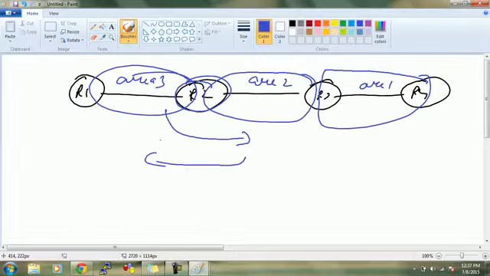Why? These are different domains. So how will inter-area communication take place if this router will not give the information? It means this router has to give the information from area 3 to area 2 and area 2 to area 3.